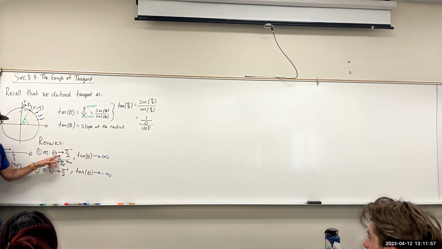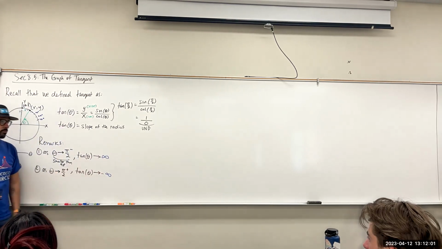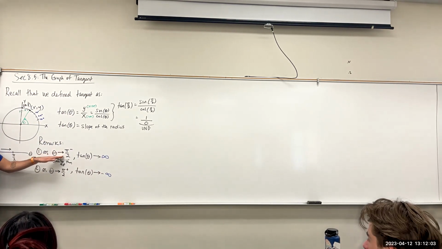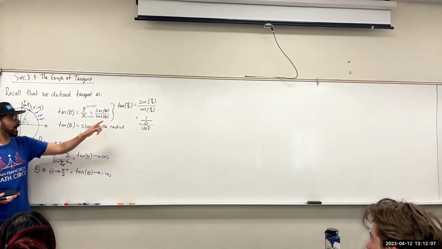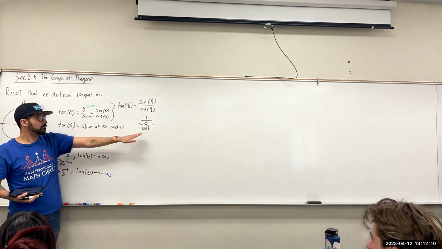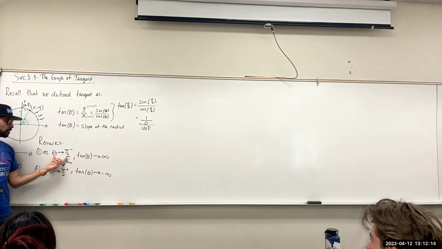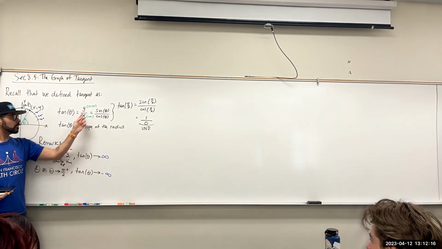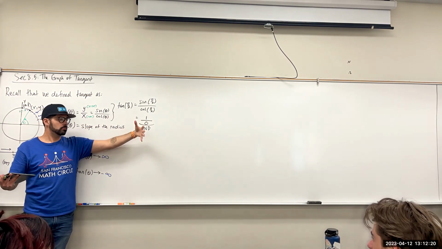This is not at pi over 2, it is as you approach pi over 2. That's the difference. There's a difference between at and approaching because of these weird things here. So at pi over 2, I can't say anything because it's just an undefined value. But as I approach pi over 2, this slope is actually becoming a big, big, big value.